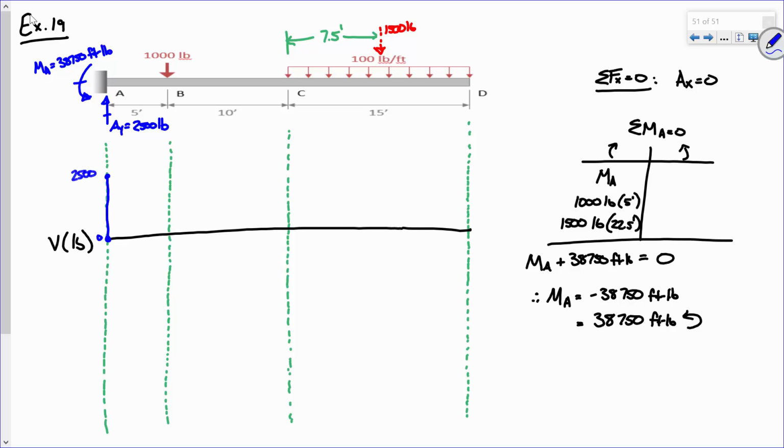I'm going to keep up with my color scheme that I used last time. Now, what do I do from A to B? Nothing. Straight line, just horizontal, because between A and B, how much load is being placed? Nothing.